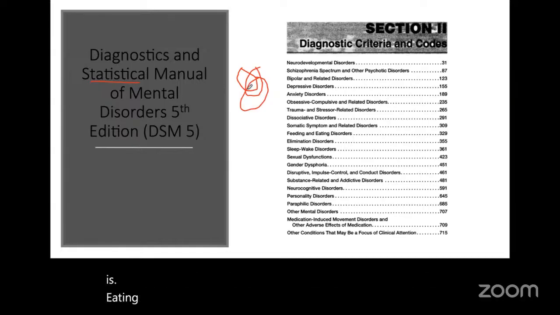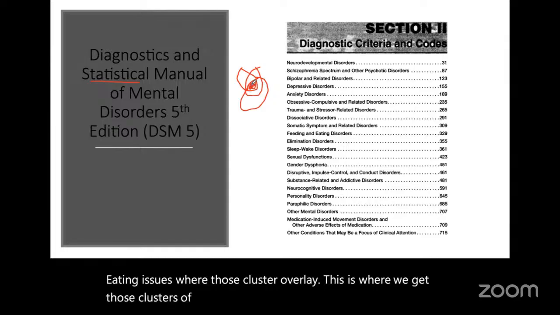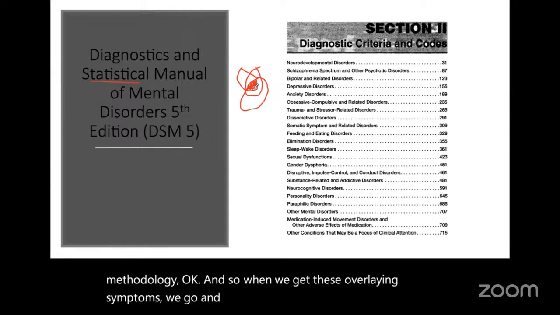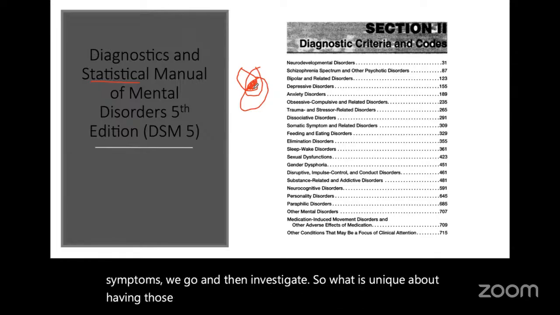Where those clusters overlie, this is where we get those clusters of behaviors. And we do this using statistical methodology, okay? And so when we get these overlaying symptoms, we then investigate. What is unique about having those symptoms clustered together? Why is it those are clustered together?